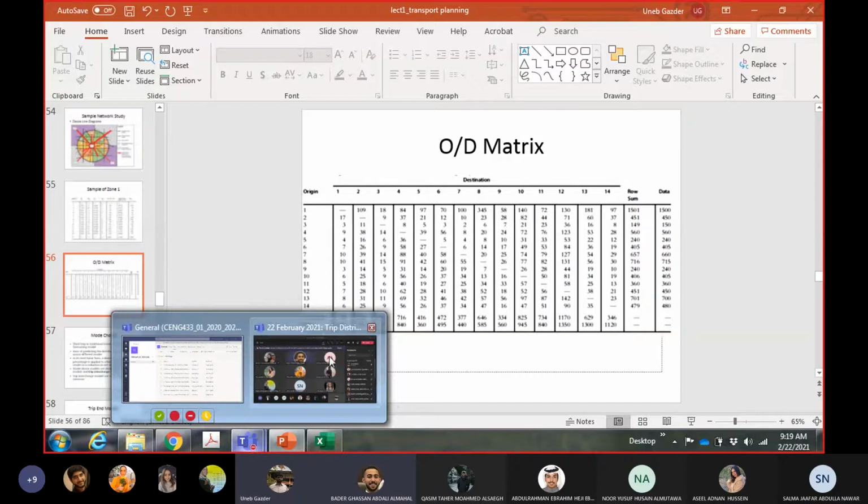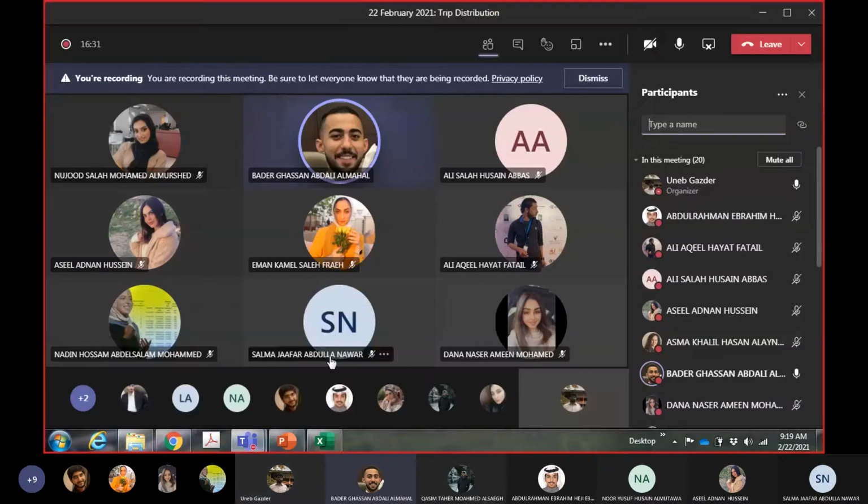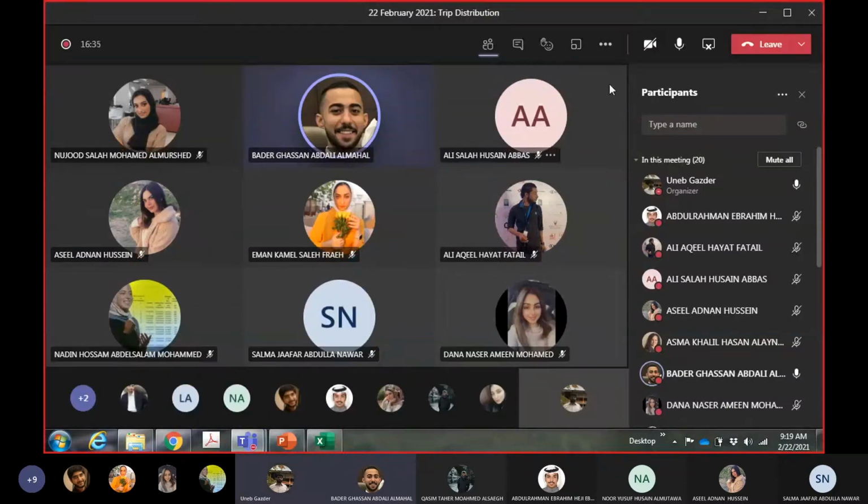Yes, doctor. For the values of the attracted trips in the table that's in the book, the values are different than the values we calculated. I don't know what they are doing. Maybe they are not showing a step, or they have some mistake in there, because 1500 for zone 1 was not true as well.